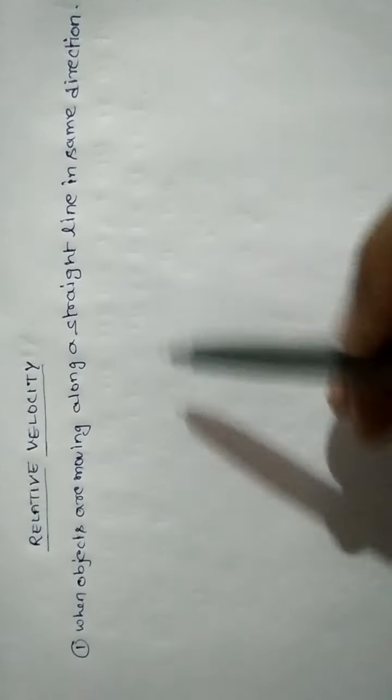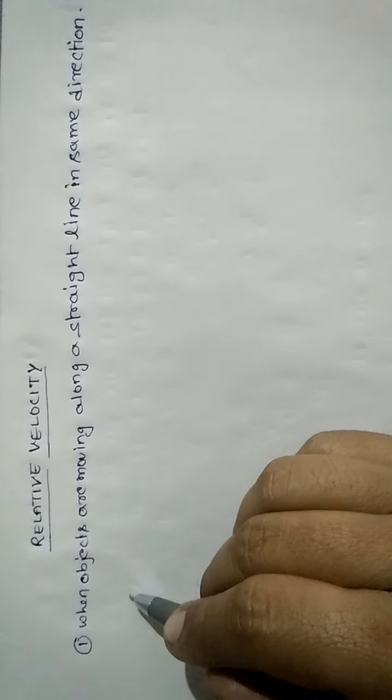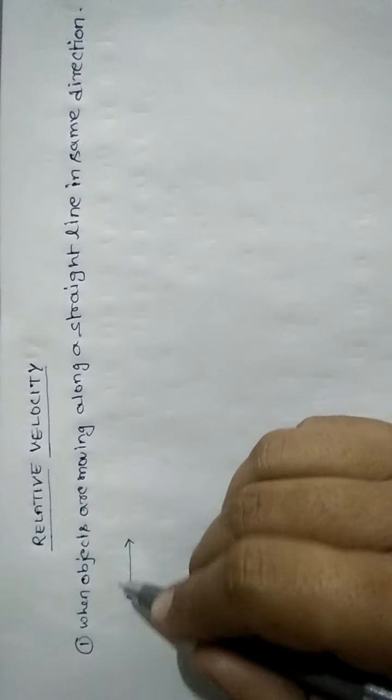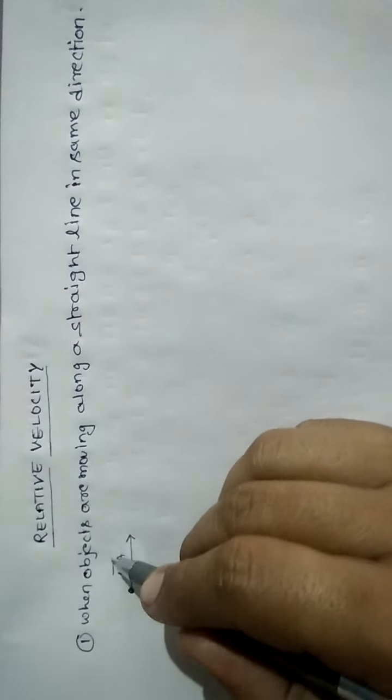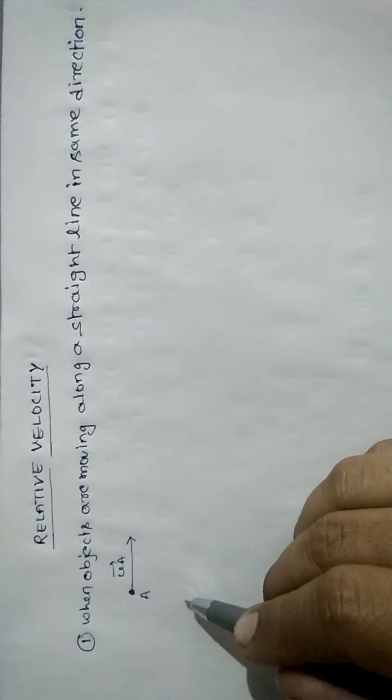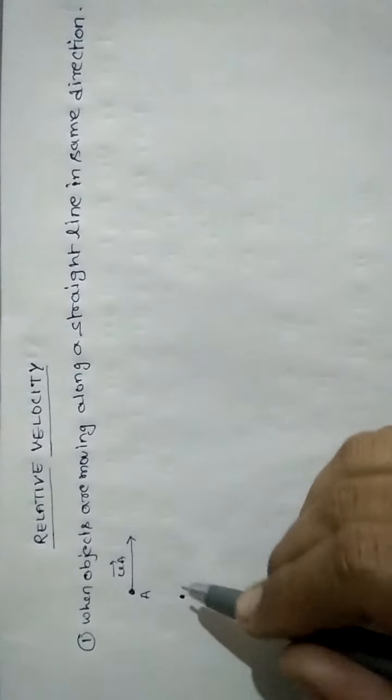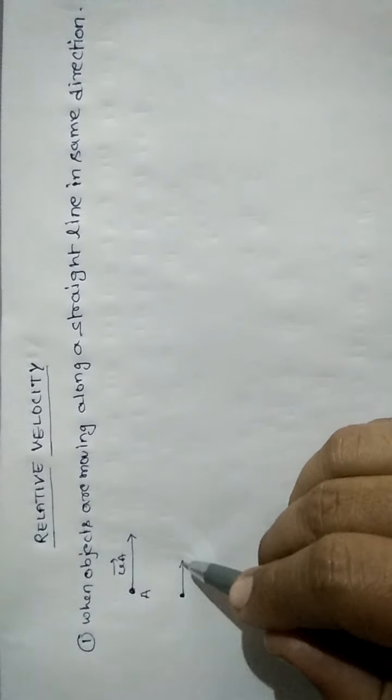Now here I am going to discuss two cases. First, when the objects are moving along a straight line in the same direction. Suppose we have two objects A and B. The object A is moving with a velocity of VA in this direction, and object B is also moving in the same direction.